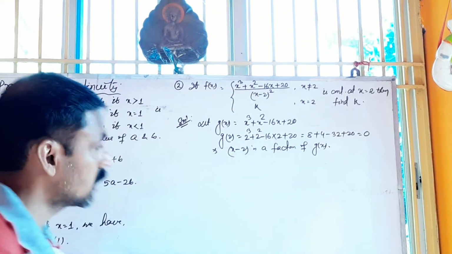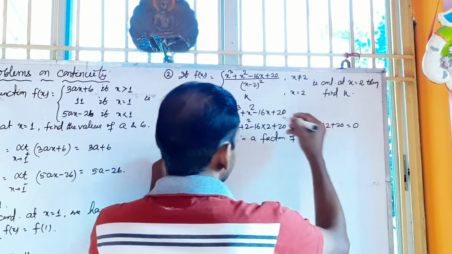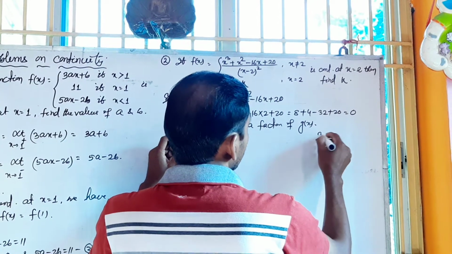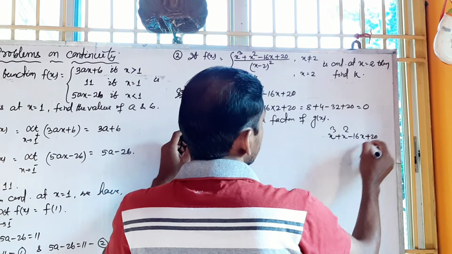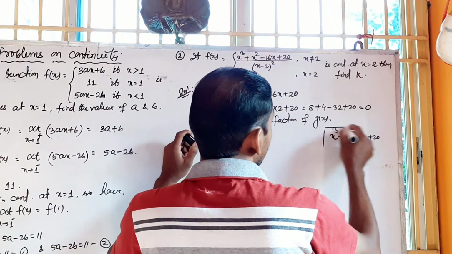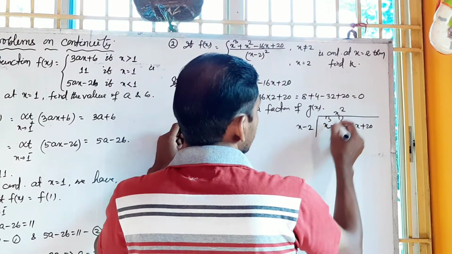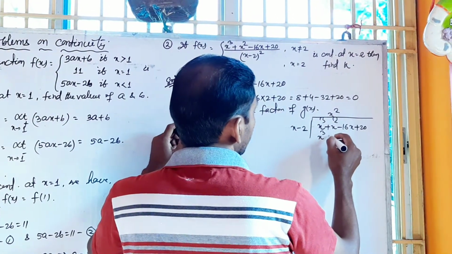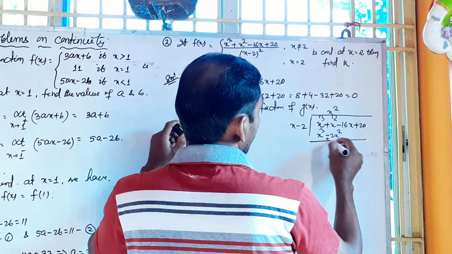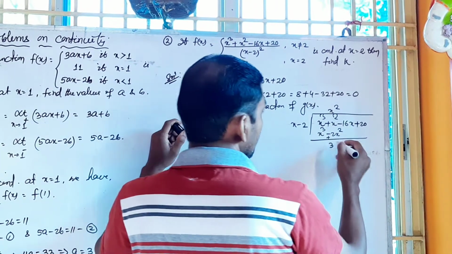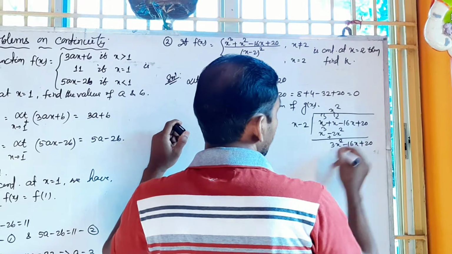Okay. Now if x minus 2 is a factor of g of x, here you can divide x cube plus x square minus 16x plus 20 by x minus 2. So first it will be x square: x cube minus 2x square, subtraction, it is plus, so it is 3x square minus 16x plus 20.